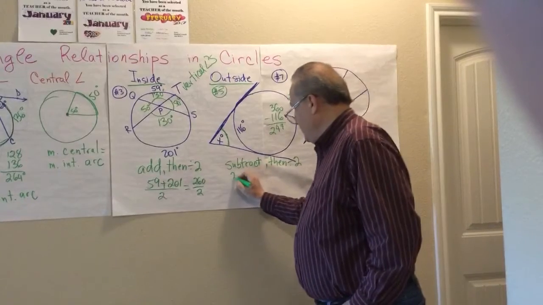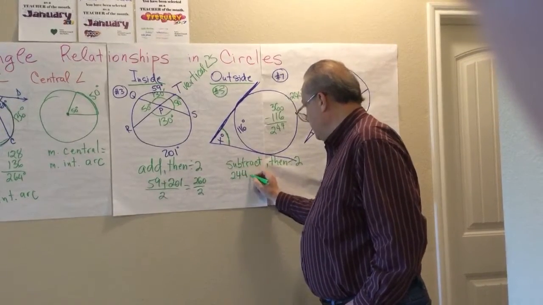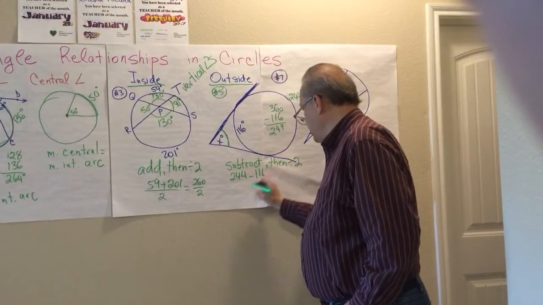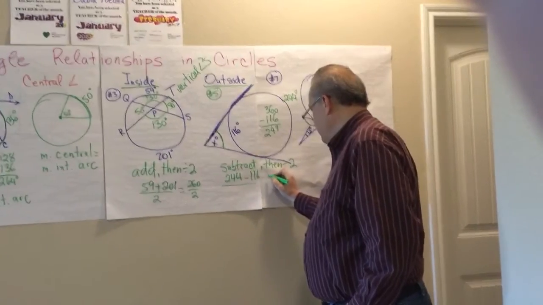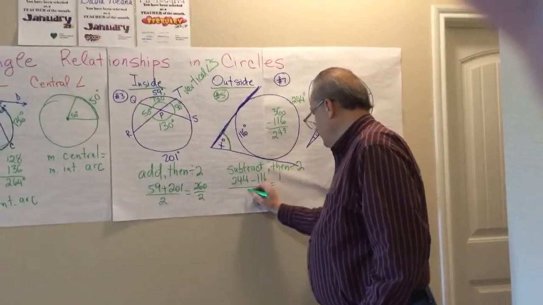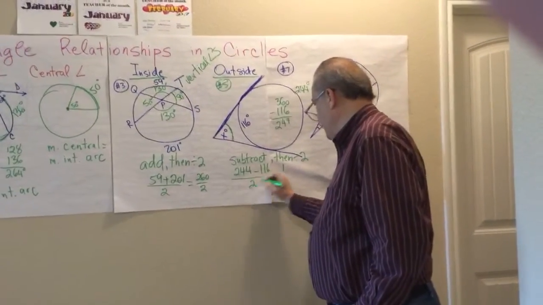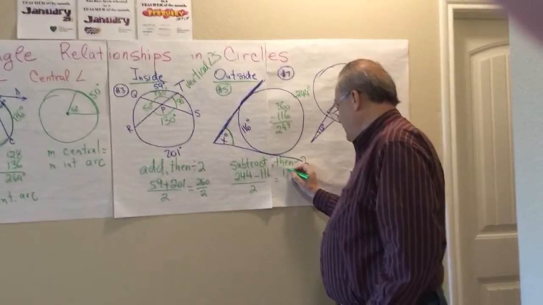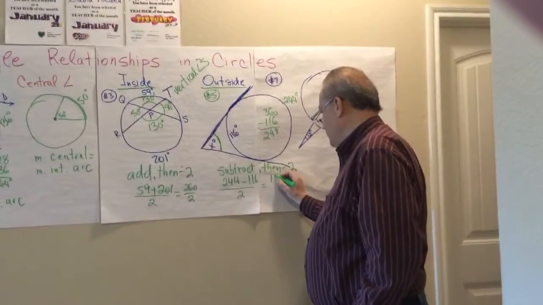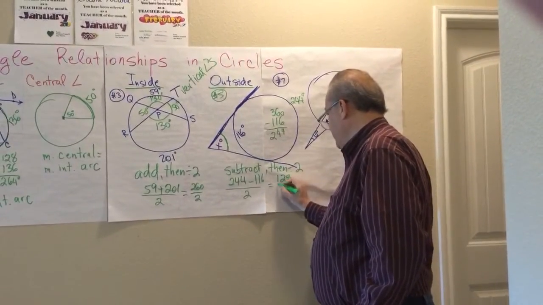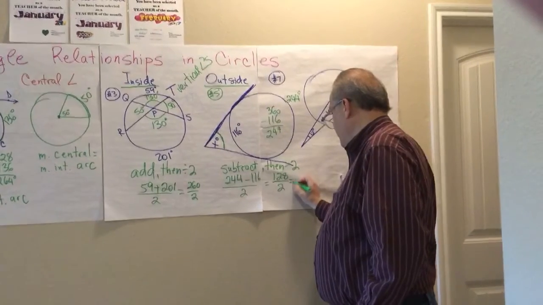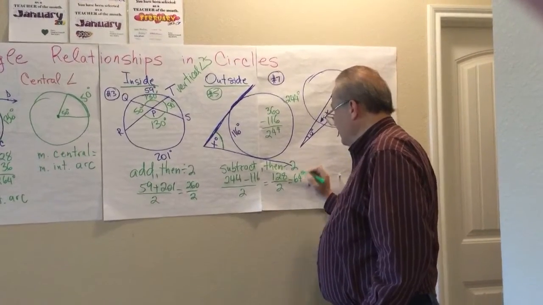So we do 244 subtract 116. How much is that? 128. You divide it by 2, you get 64 degrees.